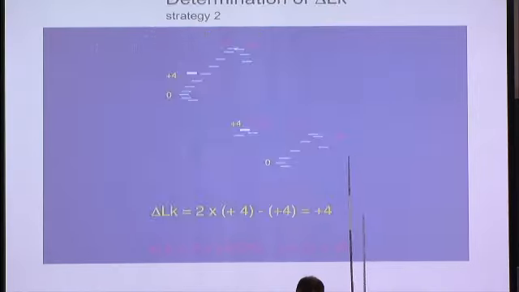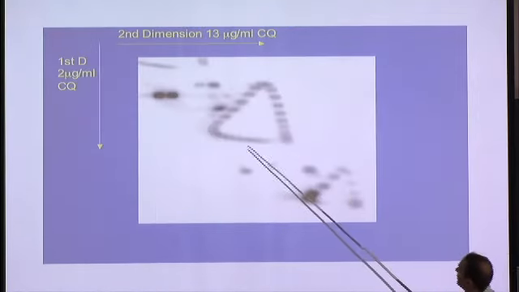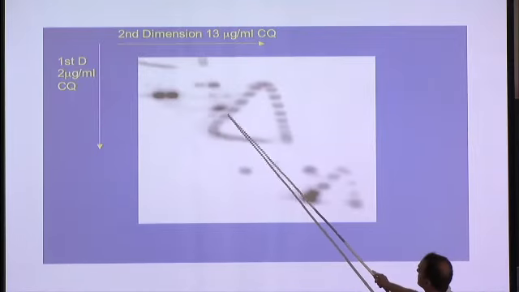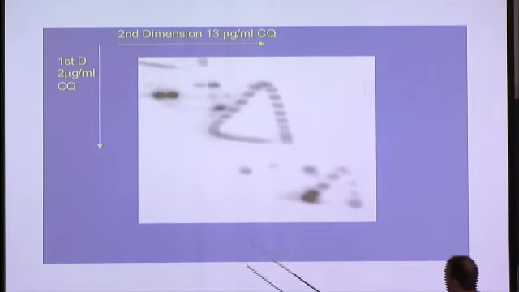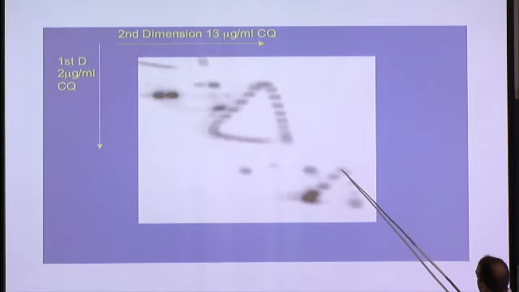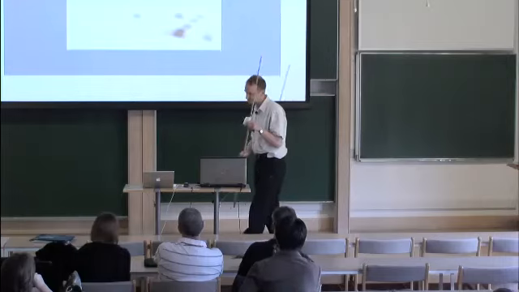And then, well, let's just try counting it here. If we say this is 0, this is plus 1, plus 2, plus 3, plus 4. So the topoisomer we started with is plus 4, counting from this 0 anyway. And the product we get, this is 0, plus 1, plus 2, plus 3. The brightest one, sorry, the one at the top here is plus 4, which corresponds to the brightest one in the product of a recombination reaction.